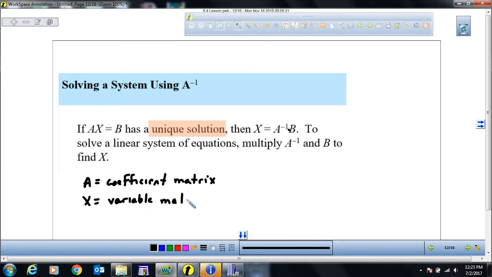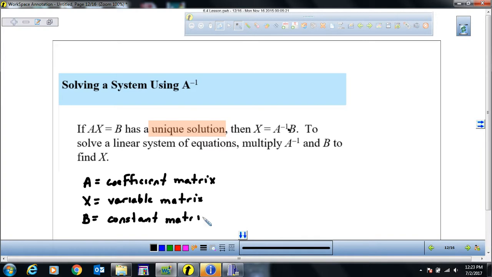Basically, if my variables are X and Y, then that X represents X and Y. If my variables are X, Y, and Z, then that X represents the variables X, Y, and Z, and so on. Okay, and then matrix B represents the constant matrix.